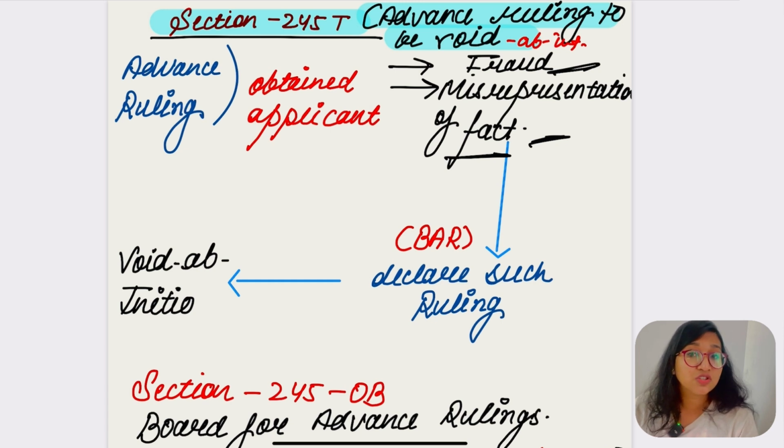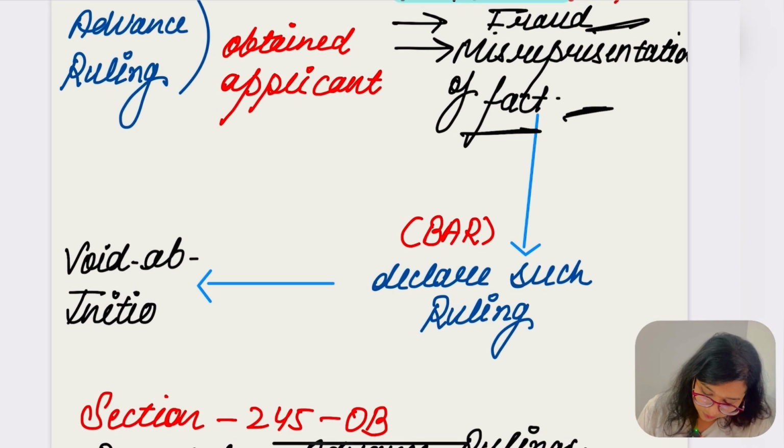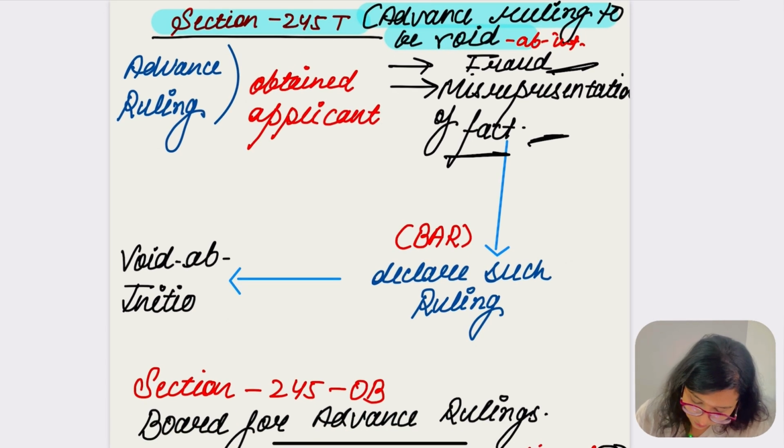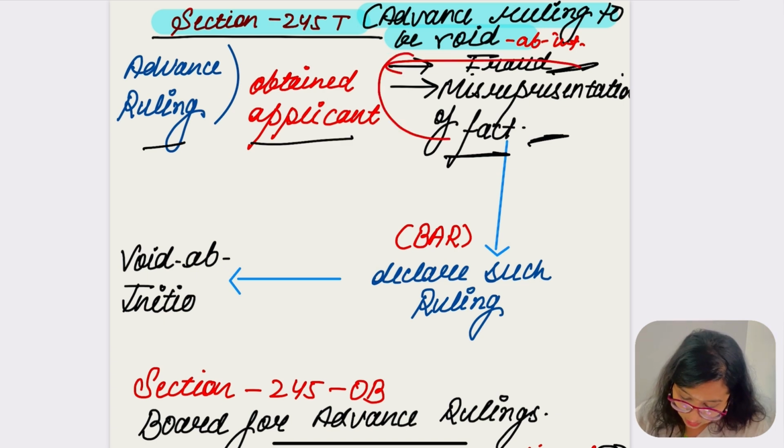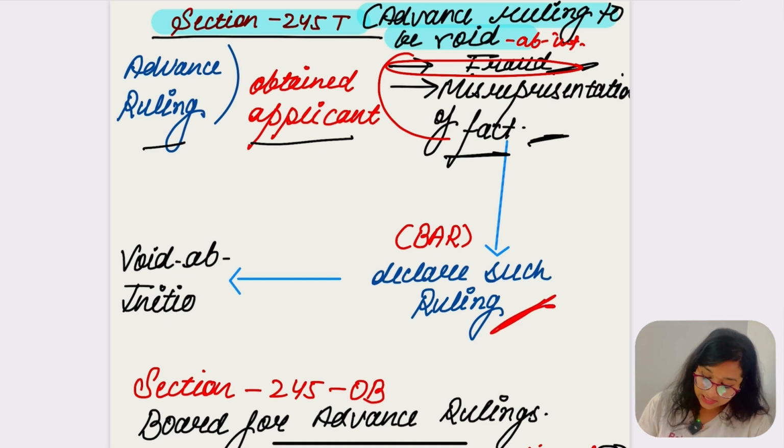The order which was passed will be made void ab initio. Let's check what I have written: advance ruling obtained by the applicant by way of fraud or misrepresentation of fact, in that case the AAR will declare such ruling as void ab initio.